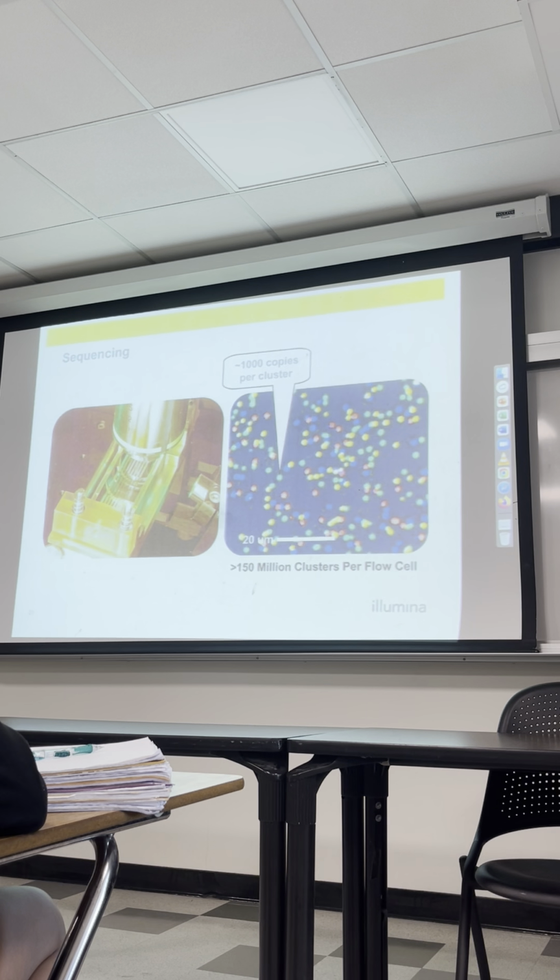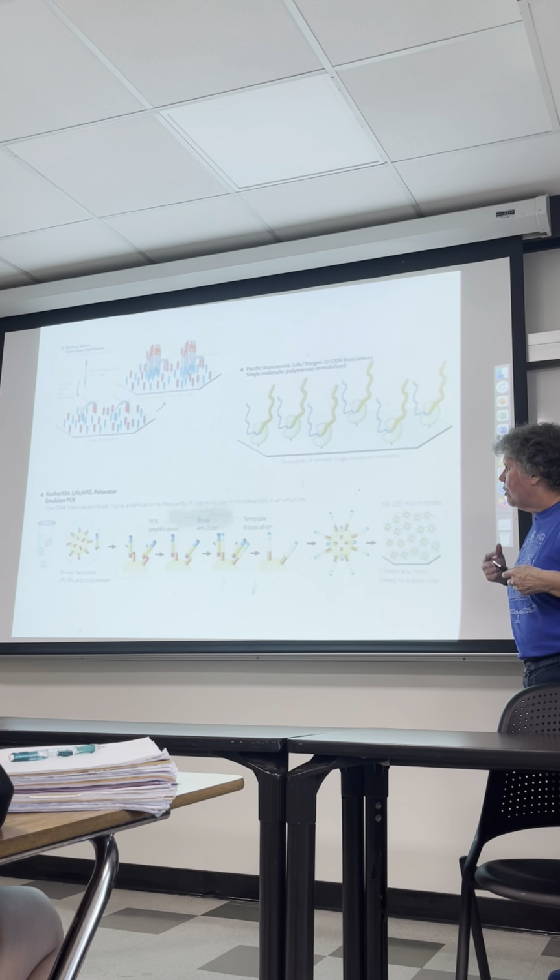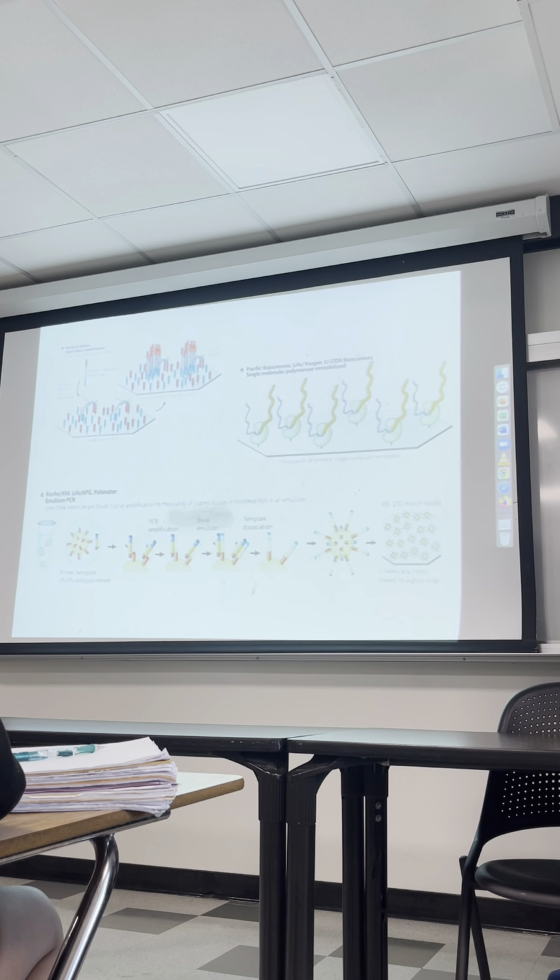Now, not every company does it the exact same way. This is the Illumina method, and as I said, Illumina has a very high market share, so most of the people do use the Illumina method, but there are other companies who do it slightly differently. Licor fixes the polymerase and has the DNA going through the polymerase in a different pattern.